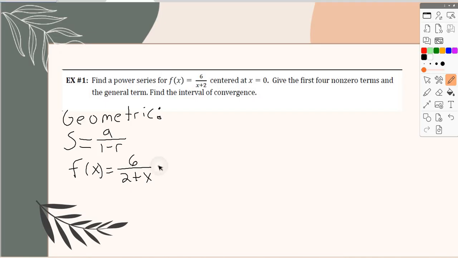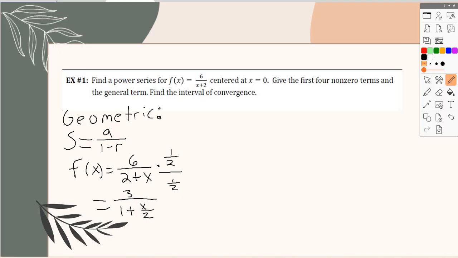Multiply by 1/2. And I do it that way because remember I have to do it to the top and the bottom, because I can't actually change what that thing is. I can just manipulate or rewrite it so that it looks like the form that I need it to be in. So now I have a 3 on top and a 1 plus, now I have an x divided by 2 on bottom.